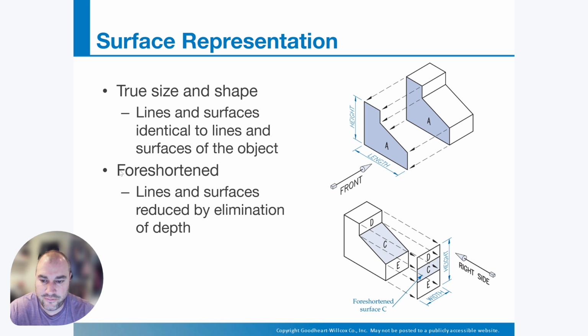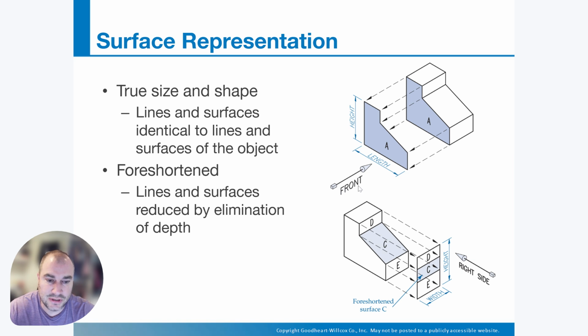If you're talking about foreshortened, what does foreshortened mean? Those are lines and surfaces reduced by elimination of depth. So when you're taking a look at this right side view, you have D, C, and E, right? There's a foreshortened surface, which is C here. You don't really see the true depth of C because you're only looking at it from the right side view.